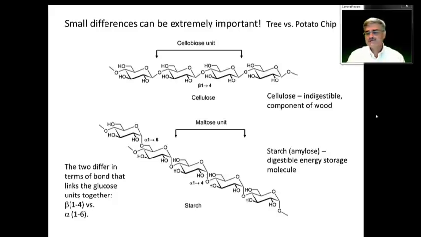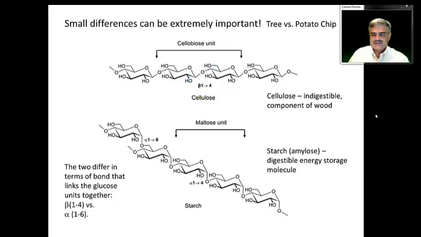And as you can see, at first glance, it looks very similar to cellulose. However, if you focus at the bond between the glucose units, the bonding is a little different. In starch, we have what is called an alpha 1,4 linkage. Going back to cellulose, cellulose has a beta 1,4 linkage.